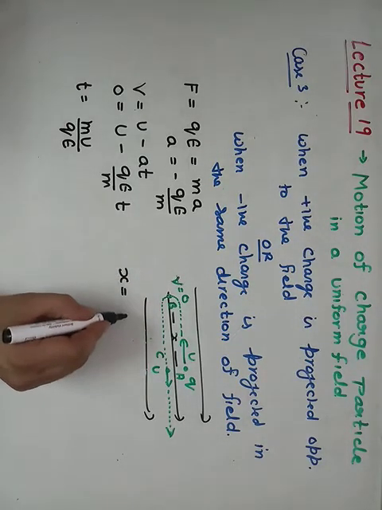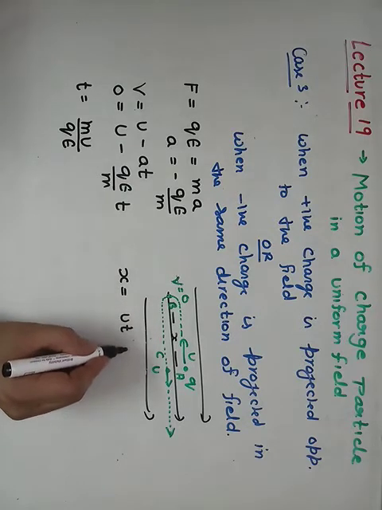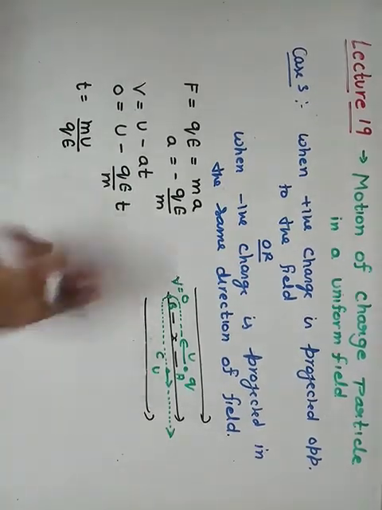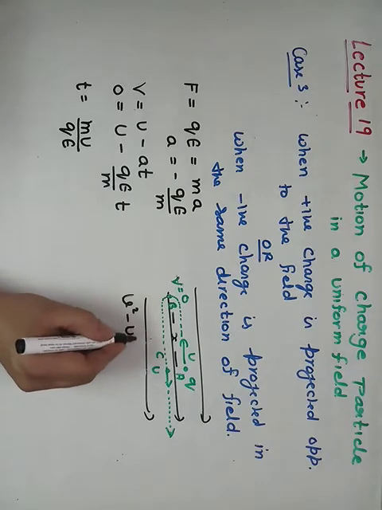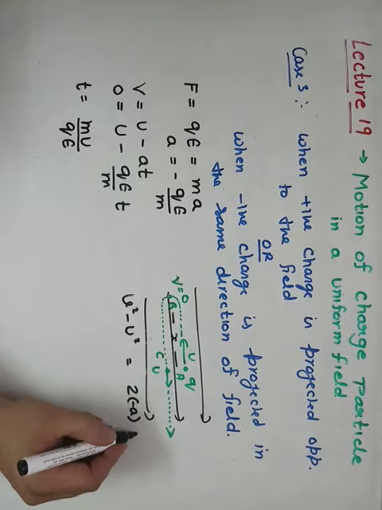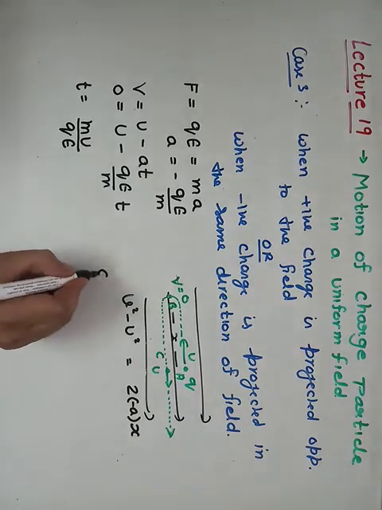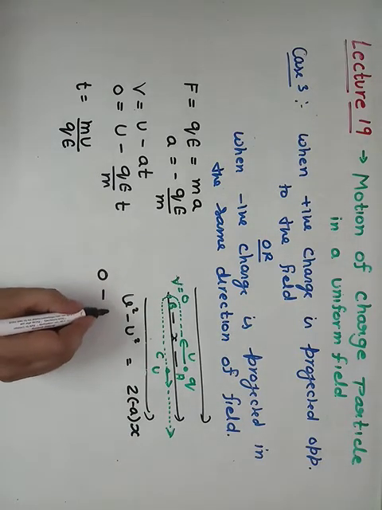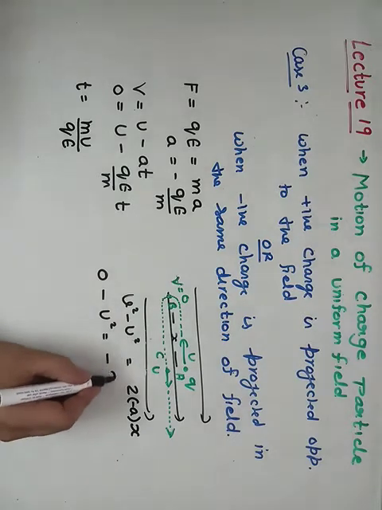We can use the formula v square minus u square equals 2 a x. We have to find this x. Final velocity is 0, minus initial velocity u square, equals minus 2a x.